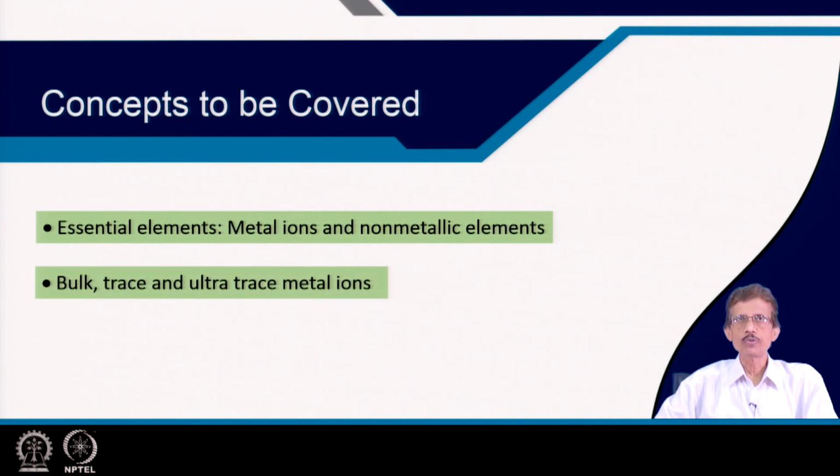So, definitely if we have the metal ions in our system, we can talk about the magnitude, how much you have. So, the bulk, the trace and the ultra trace metal ions. I have given only two examples: sodium chloride and iron, and then iodine, the iodized salt, in which form the iodine will come to your salt.